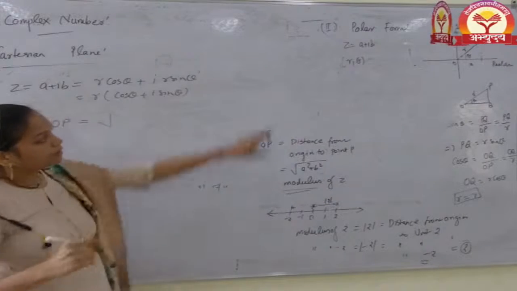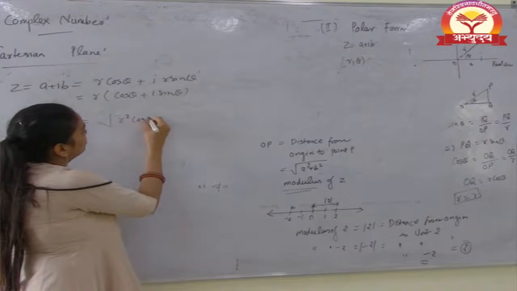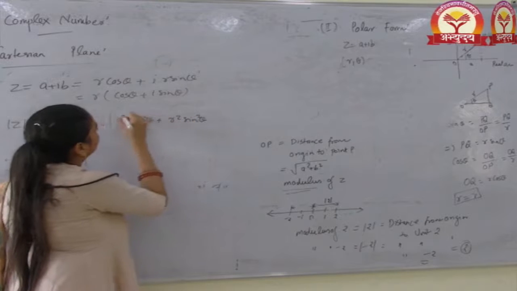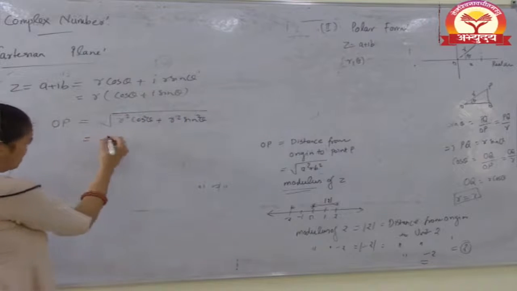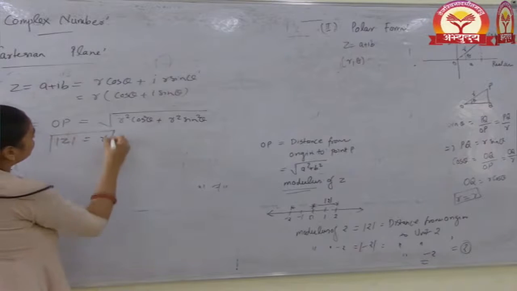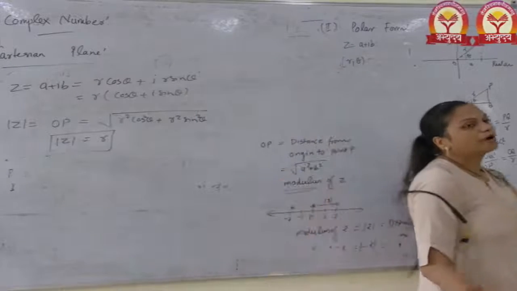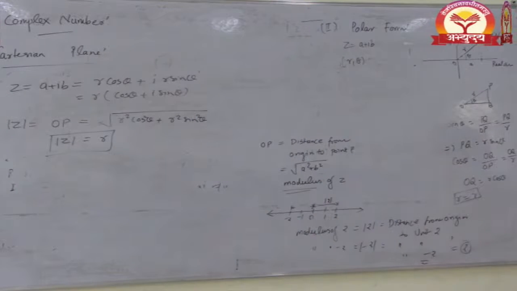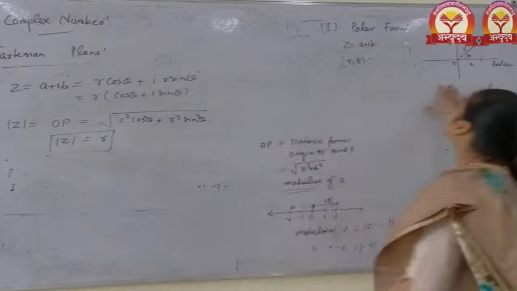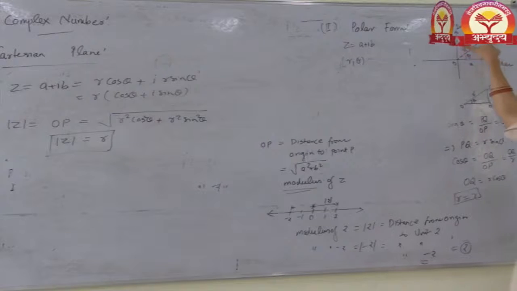Under root r square... identity, you have the trigonometric identity sin square plus cos square is equal to 1. Just put it, and you get modulus z is equal to r. That means in polar form the modulus of z is equal to r, we just have to find this radius distance.